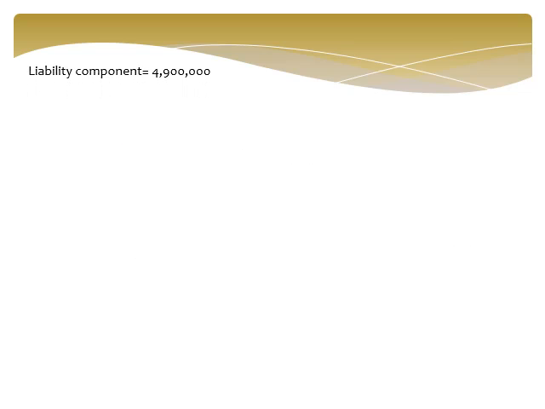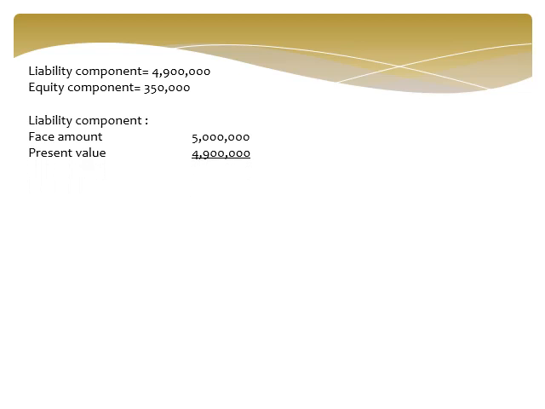Sa computation natin, yung liability component, 4.9 million, 5 million times 0.98. Yung residual amount naman na naka-allocate para sa equity component is 350,000. So, sa liability component natin, 4.9 million, ibig sabihin yan yung naka-assign na issue price sa bonds.